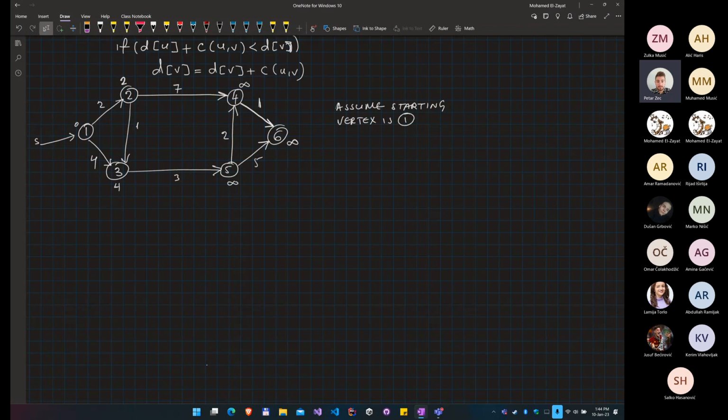And right now we see, okay, from 2, what is connected? We cannot go to 1, because we have been there, and also there's no direction to it. You cannot reach from 2 to 1 because of the direction of the edge in the graph. So the only two vertices you can reach from 2 are 3 and 4, right?